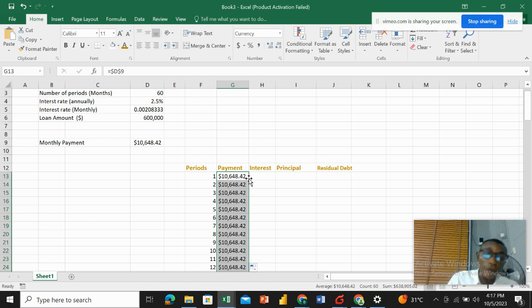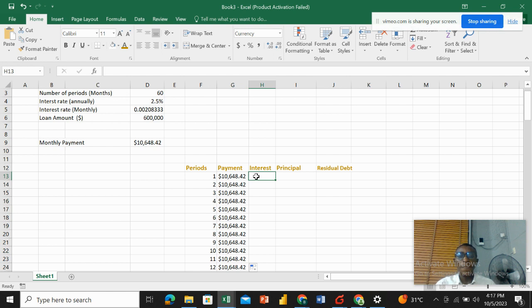Since we know that every month we are going to be paying 10,648 naira and dollars, then 42 cents. So our interest, now this is the first month. We want to calculate our interest for the first month.